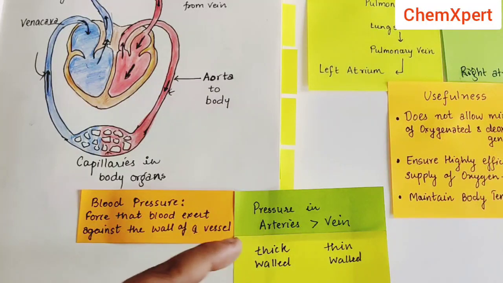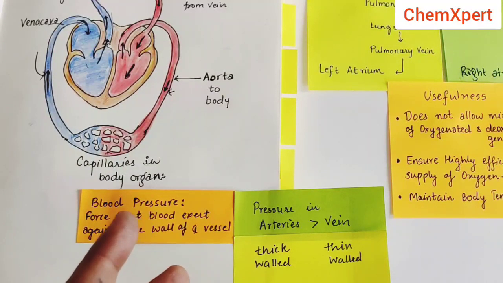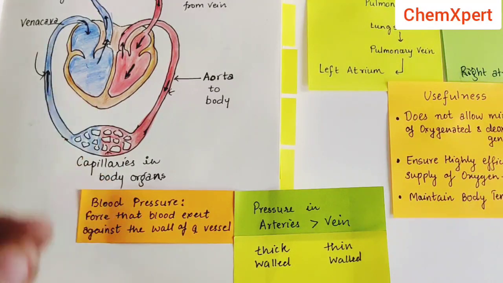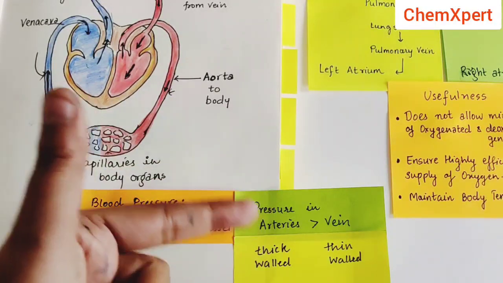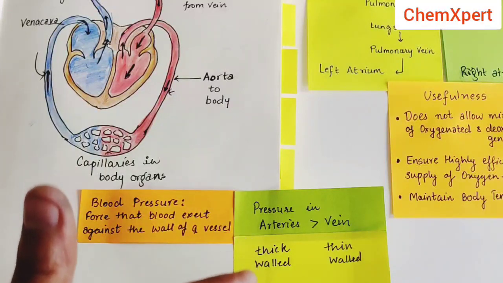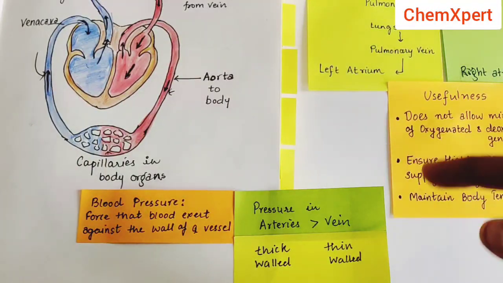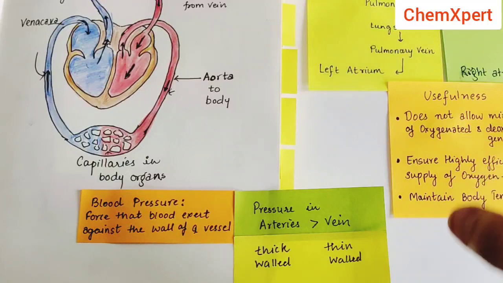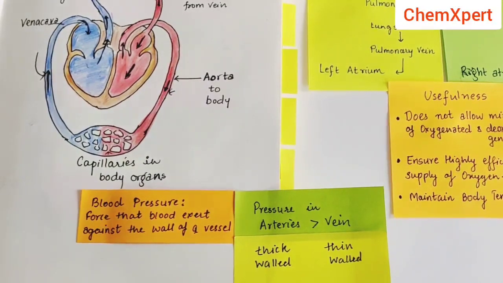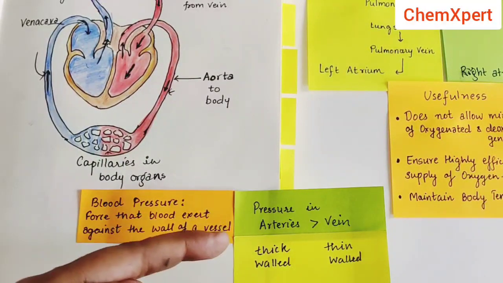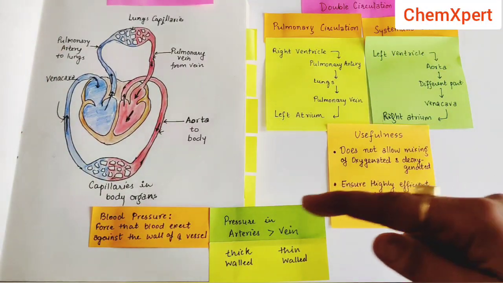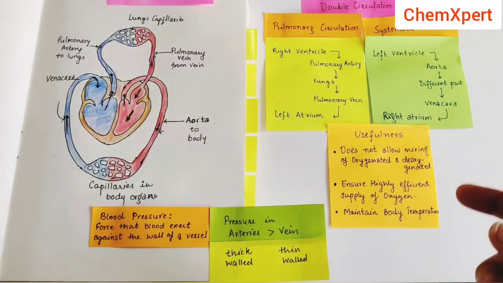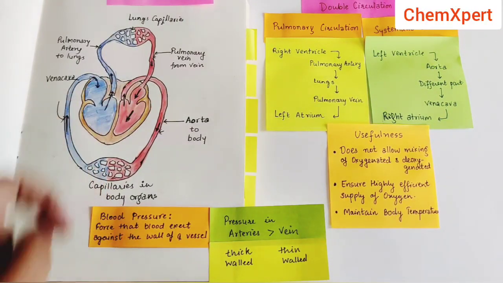So there are a number of statements which can be framed in correct or incorrect form. If it says arteries are thin, then it will be incorrect. In arteries the pressure is very high, that is why they are thick walled, whereas in veins the pressure is low, hence they are thin walled. And arteries carry oxygenated blood except for the pulmonary artery. Similarly, veins carry deoxygenated blood except the pulmonary vein.